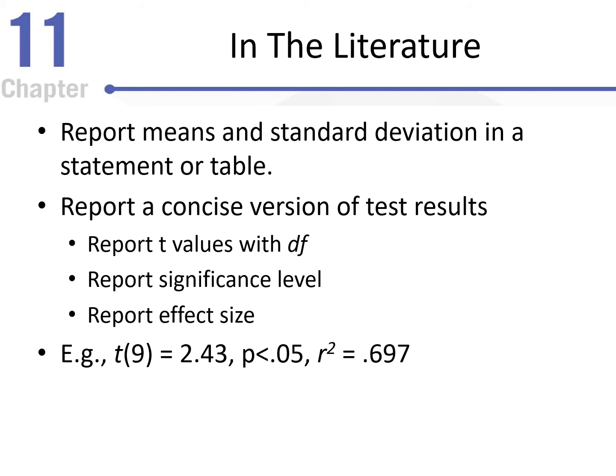So t(9) equals 2.43. The p-value is less than 0.05. That means it's statistically significant. That means there's a difference before and after. And the r squared is 0.697, which is a pretty large effect. So that's a pretty strong difference between before and after.